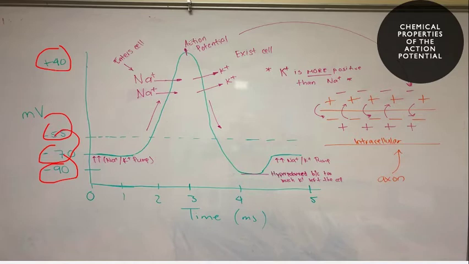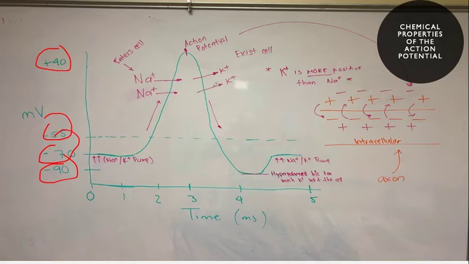Then it reaches the action potential, and to repolarize or go back down, it has to have potassium ions exit the cell, right? Now, if you look closely, sodium and potassium both have a positive charge. So how come you can go from a positive plus 40 when the action potential happens to a negative 70 in repolarization, right?